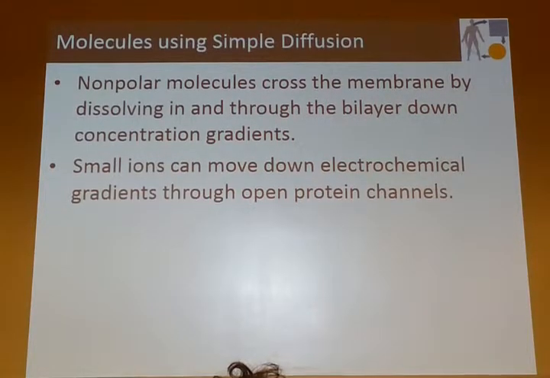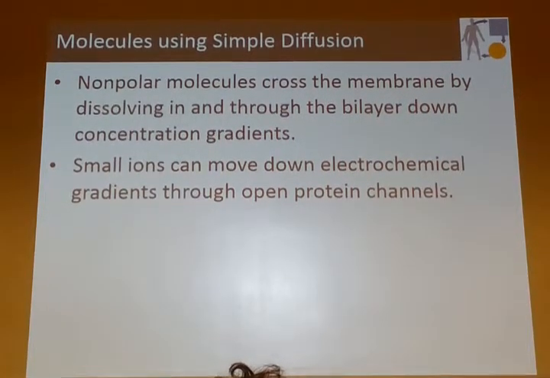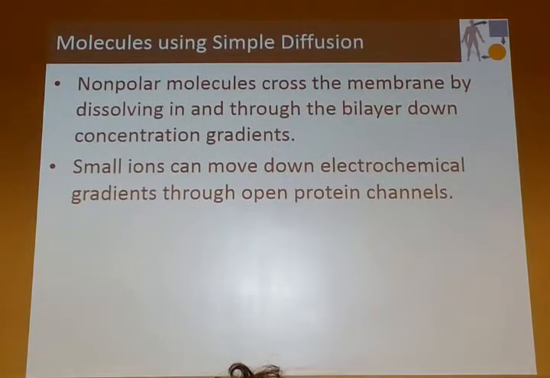So right now the cell is negative inside with respect to outside, so outside is positive. If you reverse the charge just right at the plasma membrane, you have positive charges accumulating inside, leaving negative charges outside.